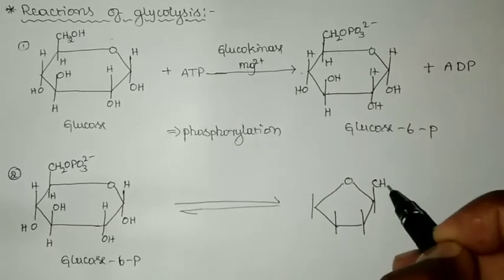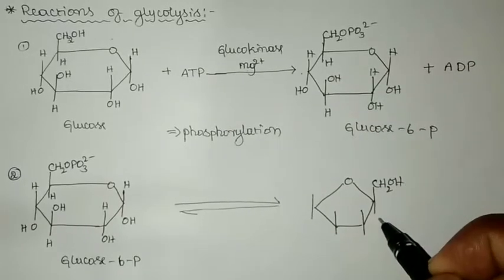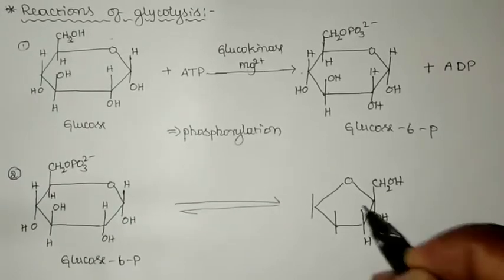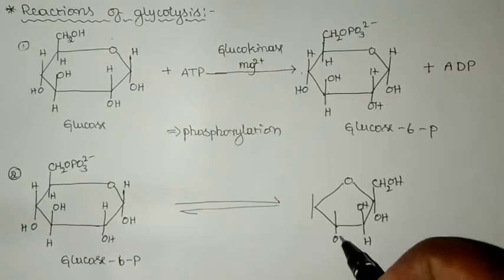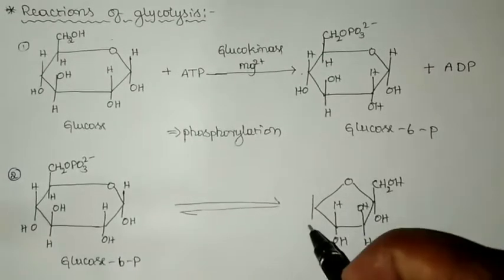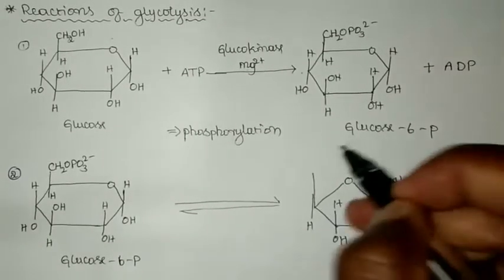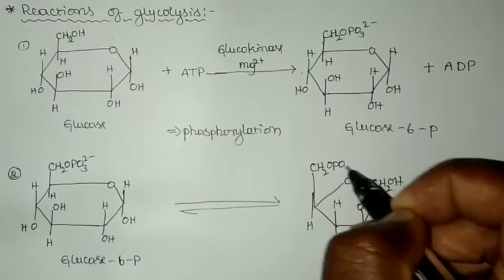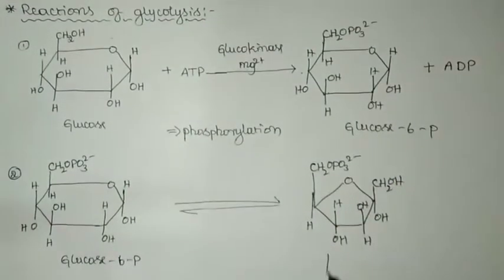So the Haworth form will be CH2OH, OH, and here H, OH, and H, and at the 6th position there is a phosphorylated carbon CH2O PO3 2 minus, that is fructose 6-phosphate.